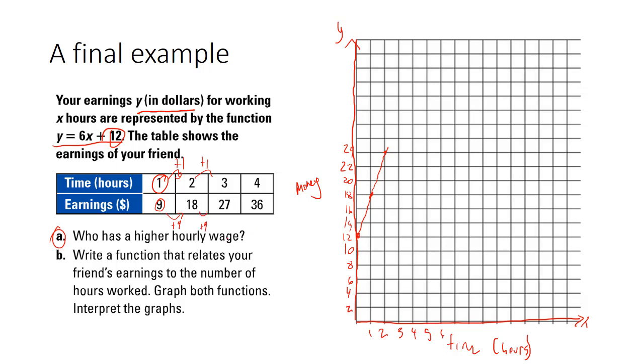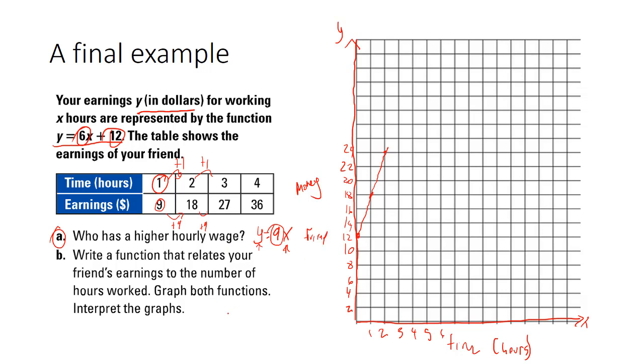And so what we can see is your friend's earnings are given by y equals 9x, where x is how much time they work and y is how much money they earn. This is their hourly wage, right? They're getting paid $9 every hour. You are only getting paid $6 per hour. So who has a higher hourly wage? Your friend. Your friend has a higher hourly wage.